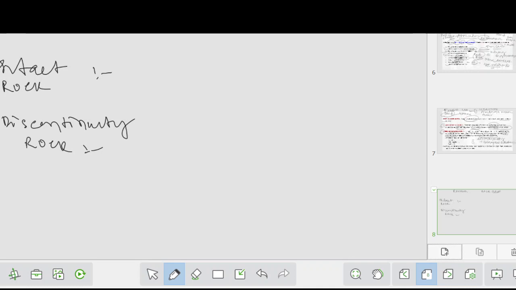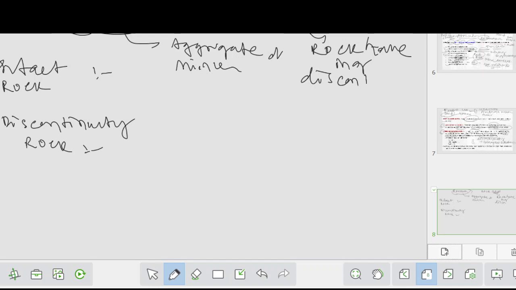Rock simply is an aggregate of minerals, right? Answer me, right? Aggregate of minerals. And rock mass, same, is the rock having some discontinuity.